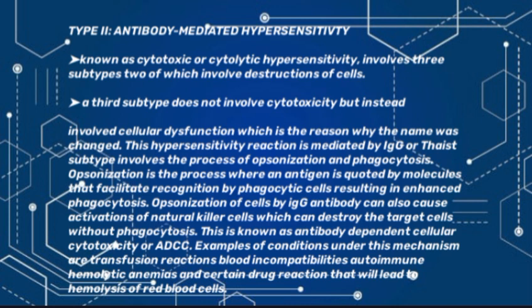This is known as antibody-dependent cellular cytotoxicity or ADCC. Examples of conditions under this mechanism are transfusion reactions, blood incompatibilities, autoimmune hemolytic anemias, and certain drug reactions that will lead to hemolysis of red blood cells.